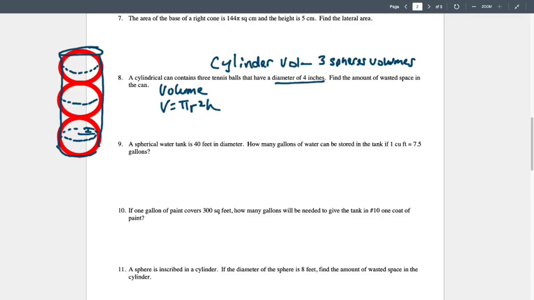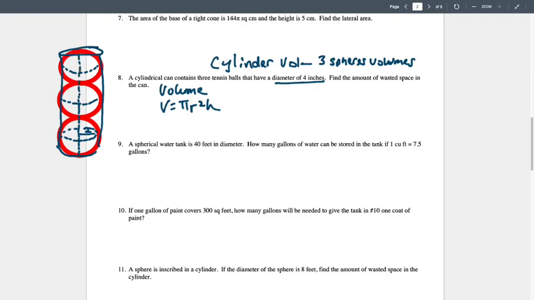Okay, so first thing, this formula is for the cylinder. So we need to know the height of this cylinder. The diameter for each of the balls is 4 inches. So going this way, that's 4 inches, this way is 4 inches, and this way is 4 inches.